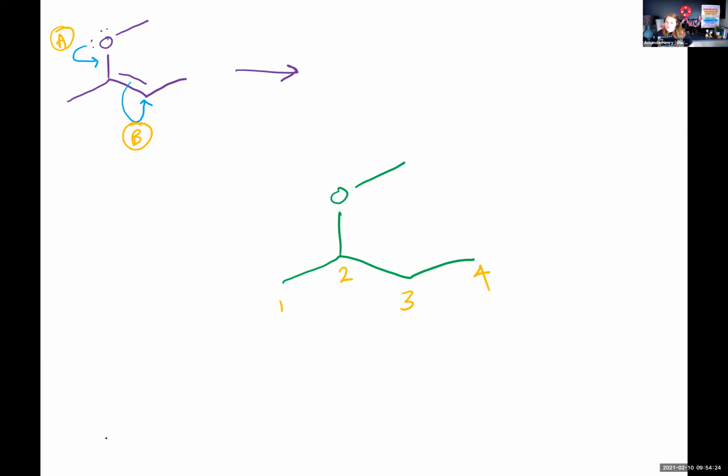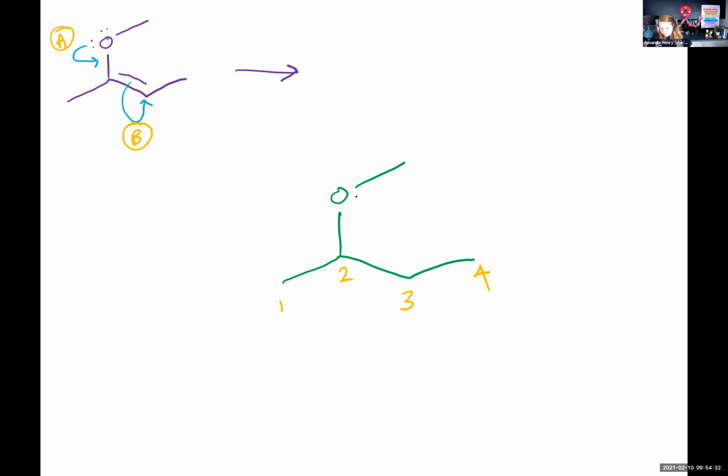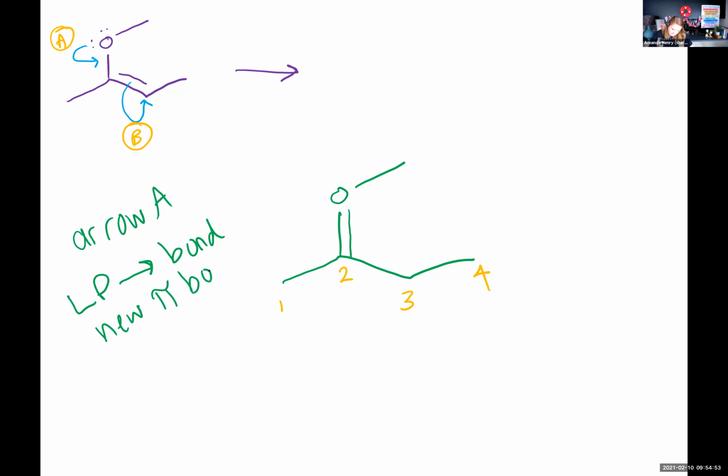It's not going to be a triple bond, but it is going to create a new pi bond between the oxygen and the carbon. So arrow A went from a lone pair to a bond, which means we're going to make a new pi bond.